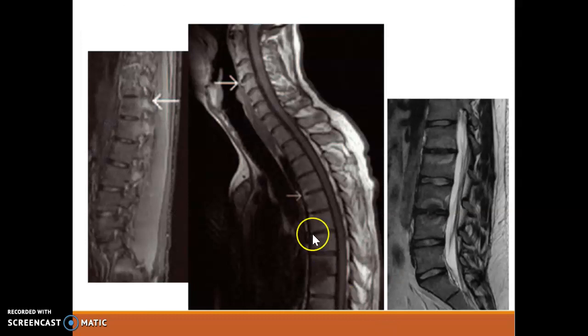Looking here, you can see there's some inflammation of the costovertebral junction, where the ribs insert onto the vertebra themselves. There's some inflammation sitting around there, and you can see it looks different to the ones below and above.